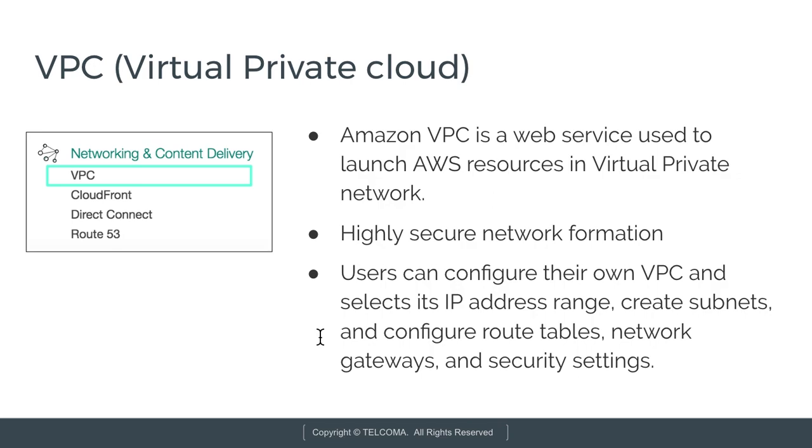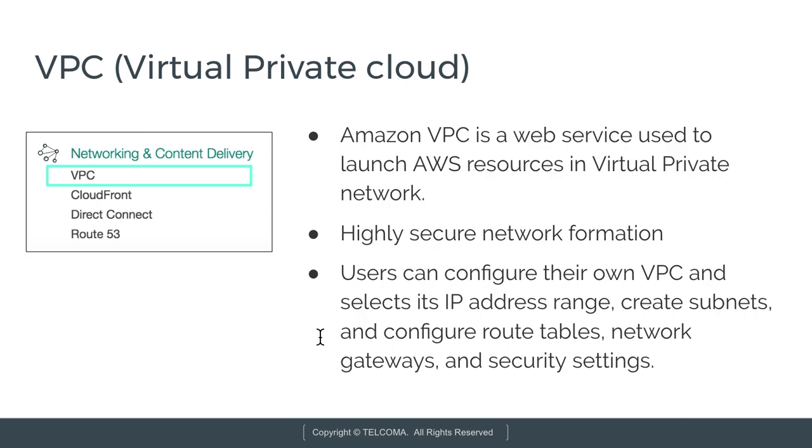VPC is basically the networking layer for Amazon EC2. It allows you to build your own virtual network within AWS. That means within Amazon Web Services, we can build our own virtual private network.